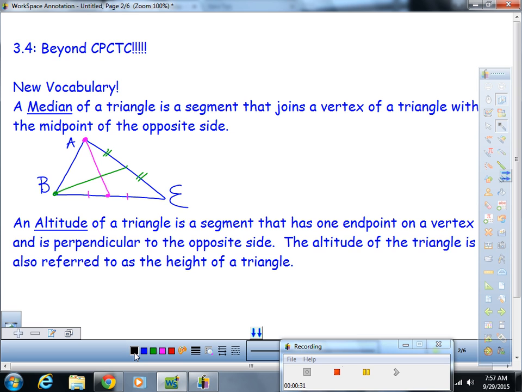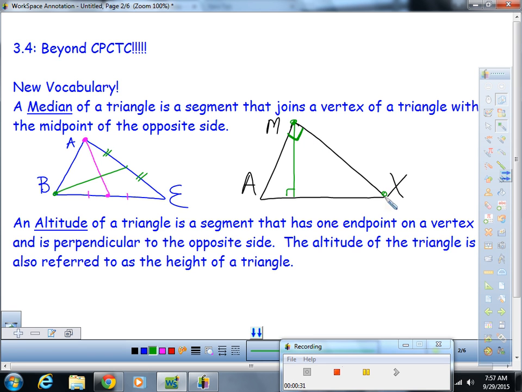An altitude is something you're familiar with and is referred to a lot of times in younger geometry classes as a height. Here, if we have triangle MAX, an altitude starts at a vertex and is perpendicular to the opposite side. Now, a segment can be the altitude itself.